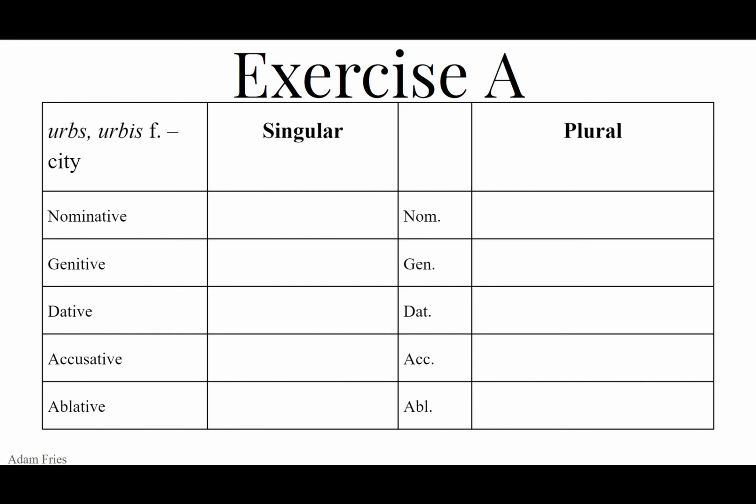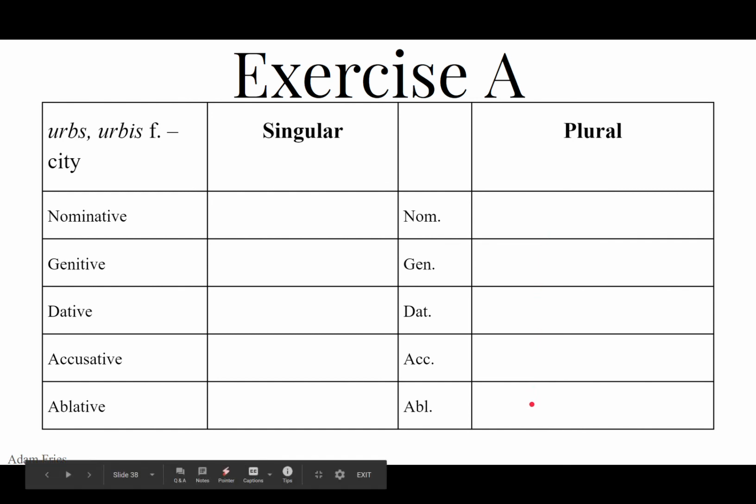The nominative does not end in is or es. Also, the stem is not nt or rt. So urbs, urbis, feminine. So we have urbs, urbis, urbi, urbem, urbe, urbes, urbium, urbibus, urbes, urbibus.